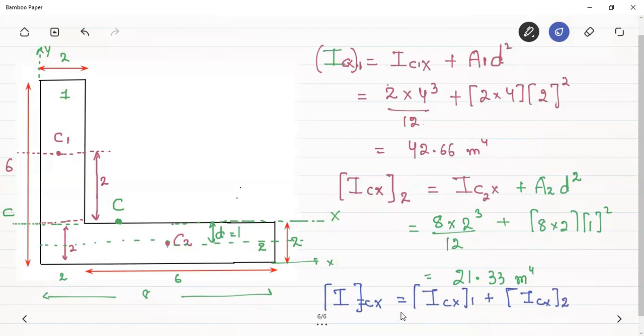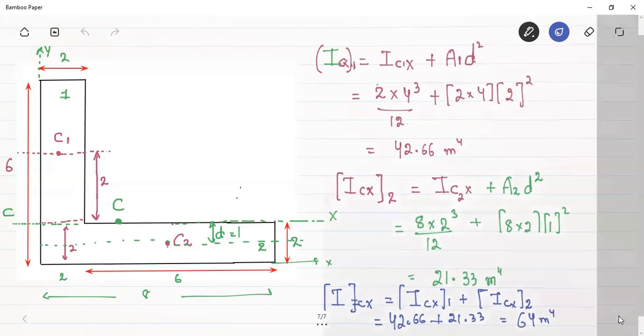So we can make their summation, that will be equal to 42.66 plus 21.33, which will be near about 64 meter to the power 4. So we have found out the moment of inertia about the centroidal x-axis.